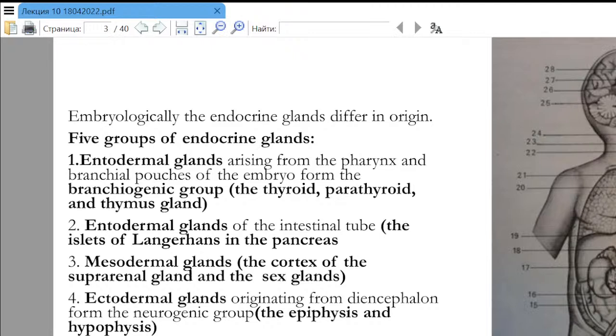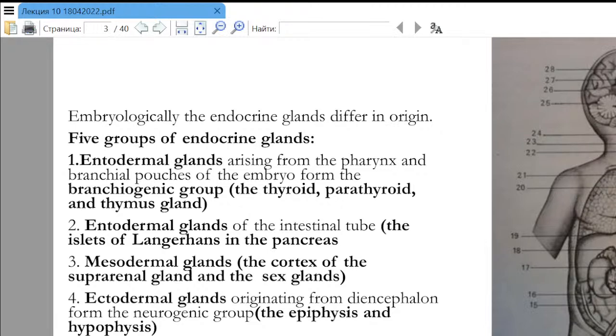This is the pancreas, this is the suprarenalis. This is the thyroid, parathyroid, thymus, pancreas, suprarenal glands, epiphysis, hypophysis, and a sex gland, testes.